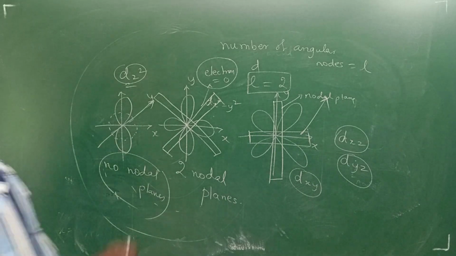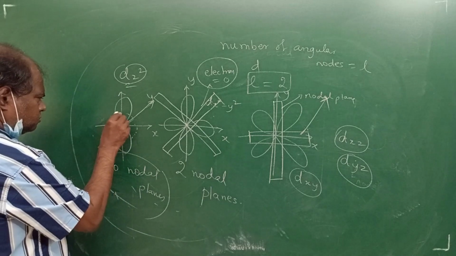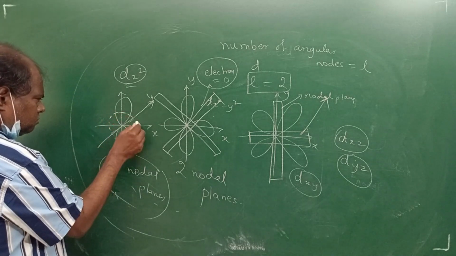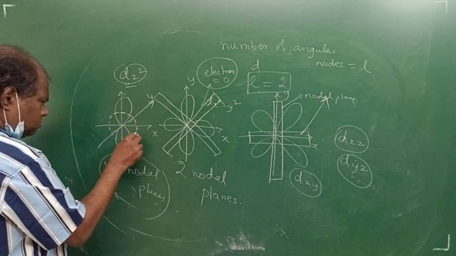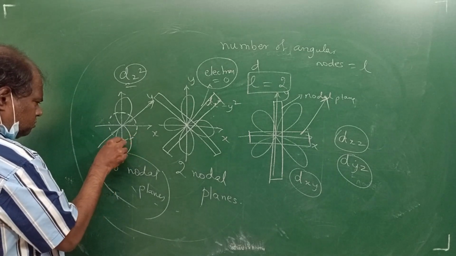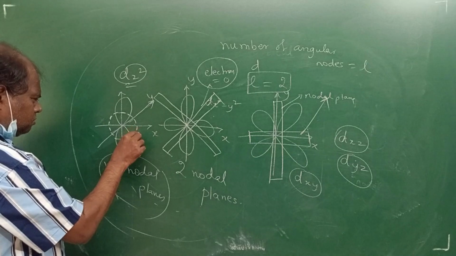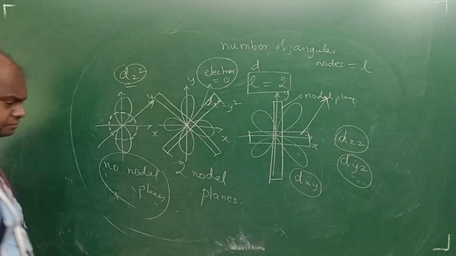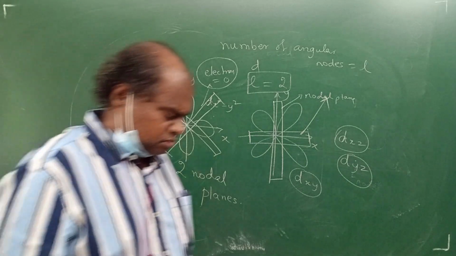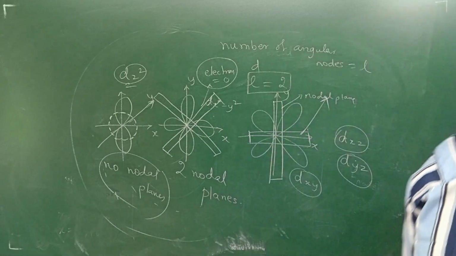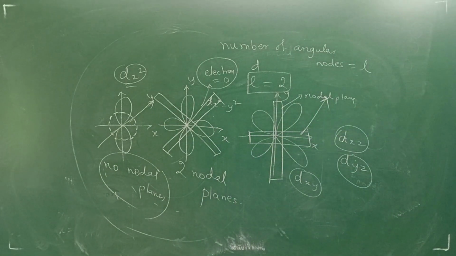So I'll show you this dot dot dot. Are you clear? Okay, students. So that's how you will show it for the dz square orbital, right? So there is no nodal plane. Okay?